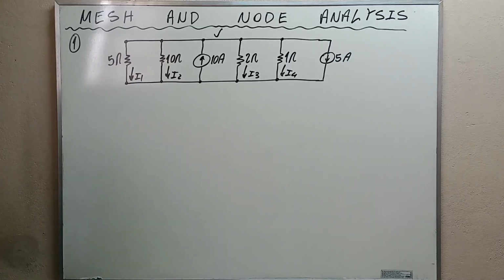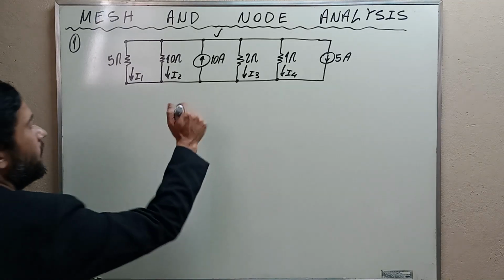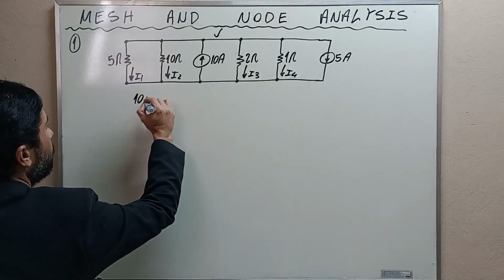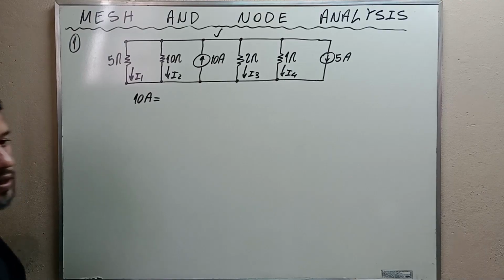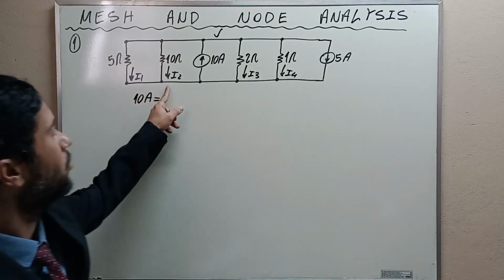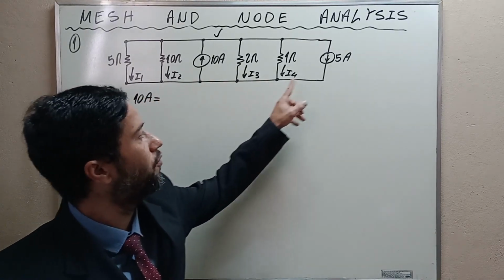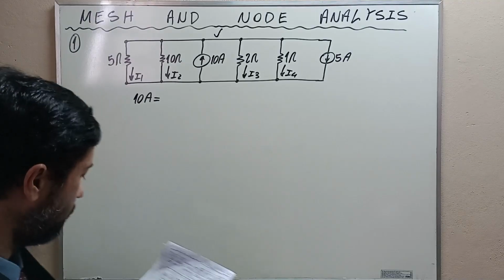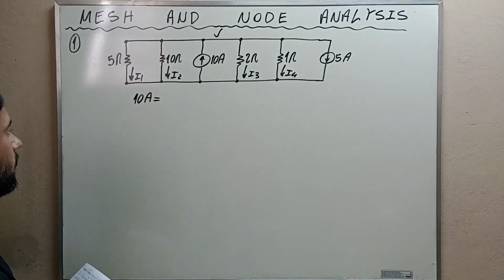Alright? And what is the current that is entering the node? It is 10 amps. And what are the currents that leave the node? I1, I2, I3, I4, and 5 amps. Okay? So we write it then.